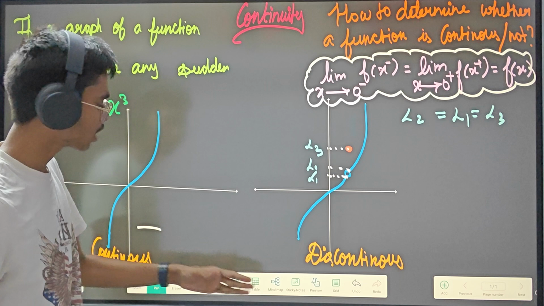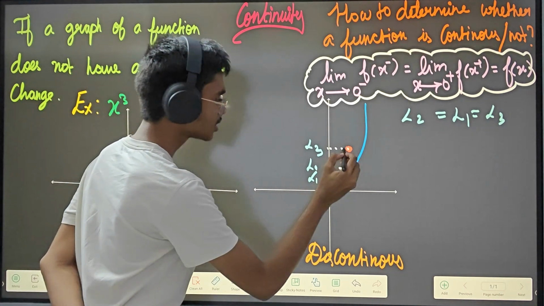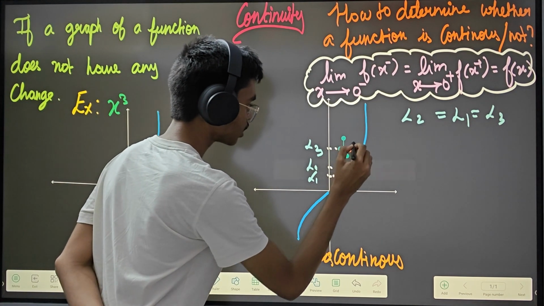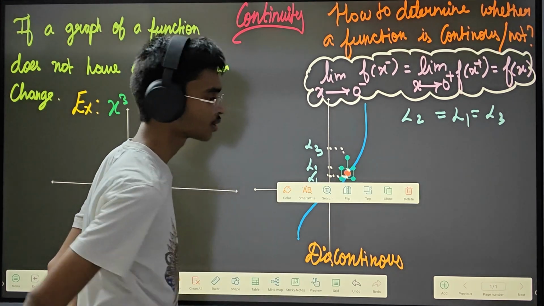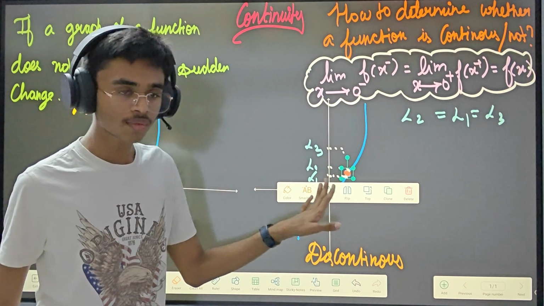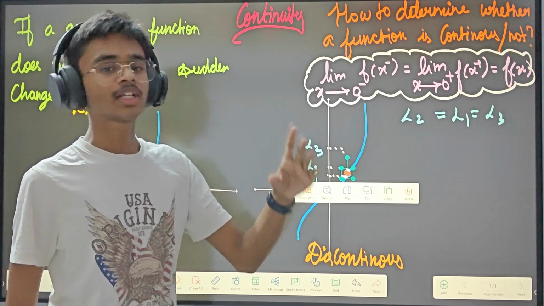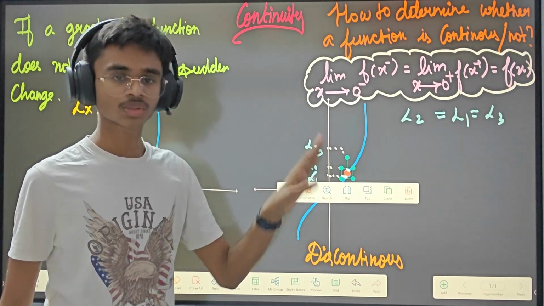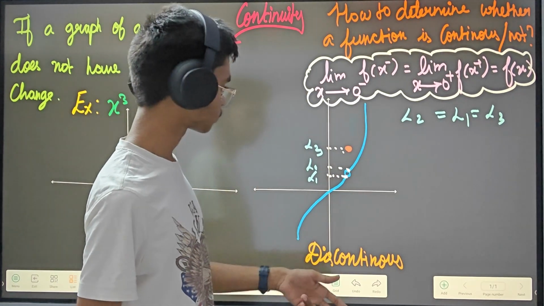Then this will be a smooth curve. Then according to mathematics, this point will be here. So if that point is over there, that means it is a continuous graph. So this function is going to be a continuous function.